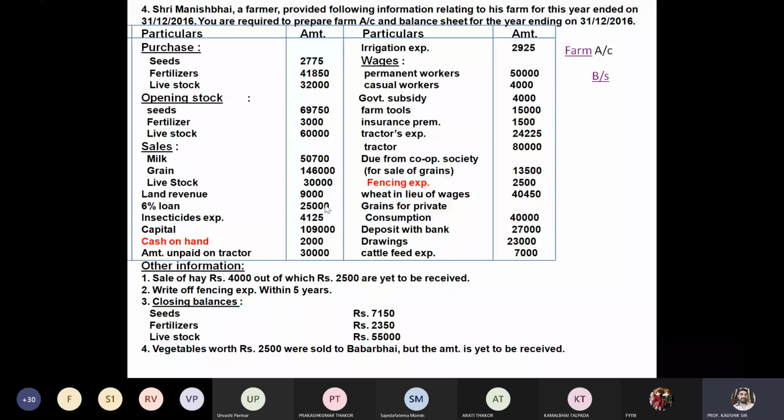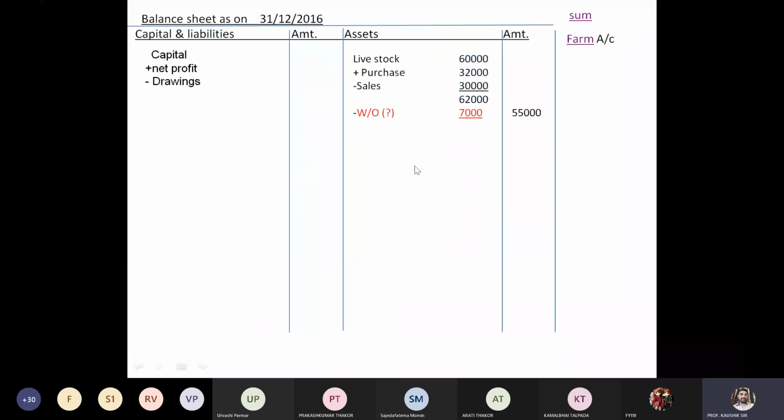We will write the due interest on the loan also now, 6% on the 25,000. So go to the liability side in the balance sheet. 6% loan of the cooperative society, 25,000.